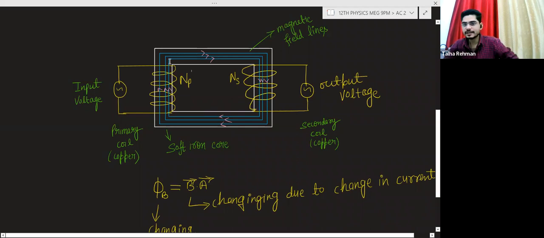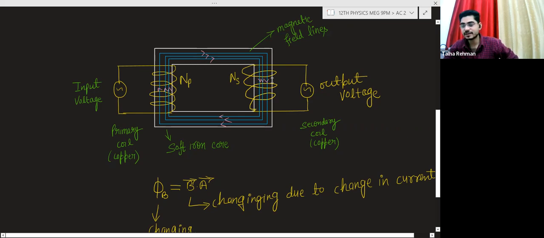Now here the magnetic field is changing. So this magnetic field is linked with this coil also. So you can say here also the magnetic field is changing. You are changing the current here, not you, the current is changing in the primary coil.